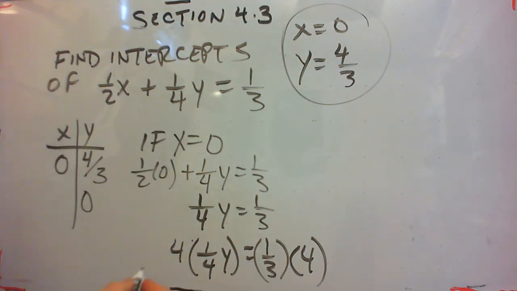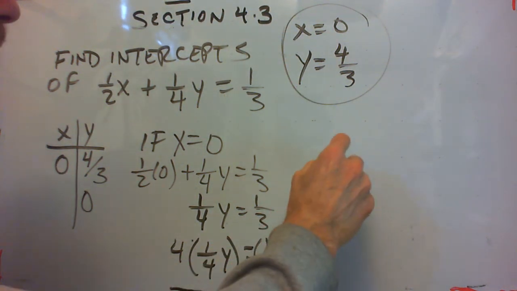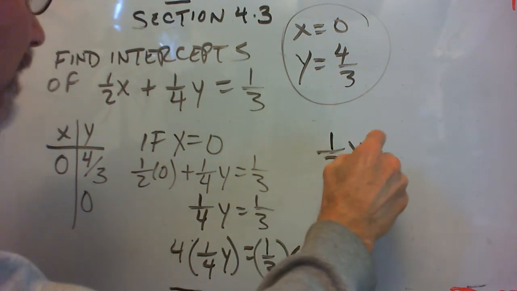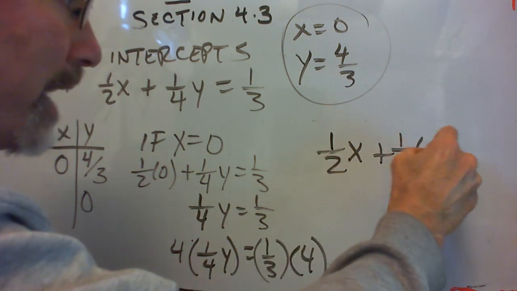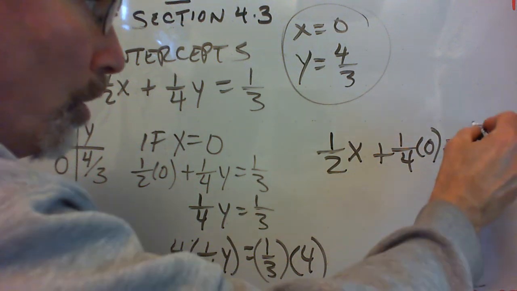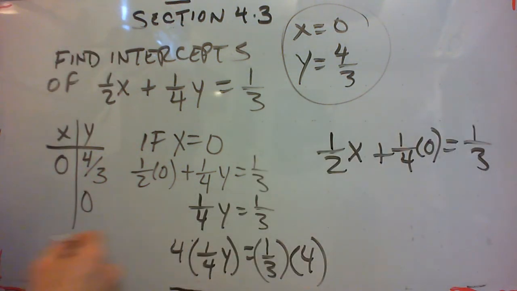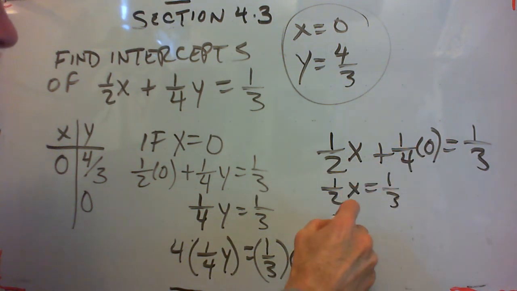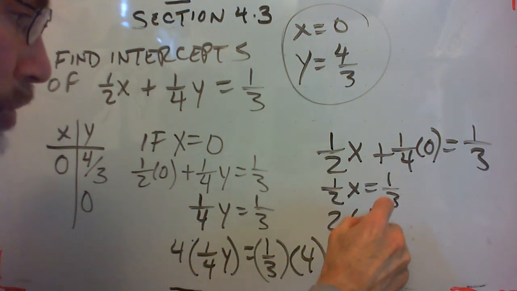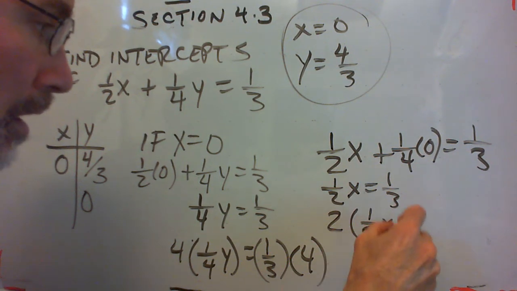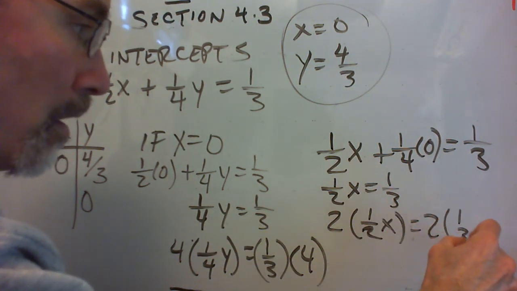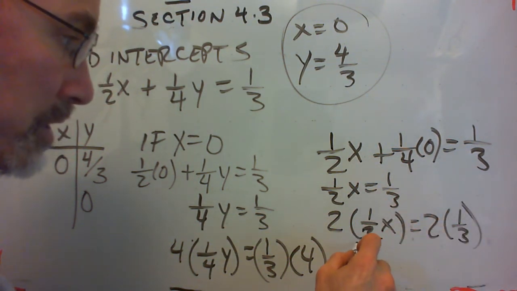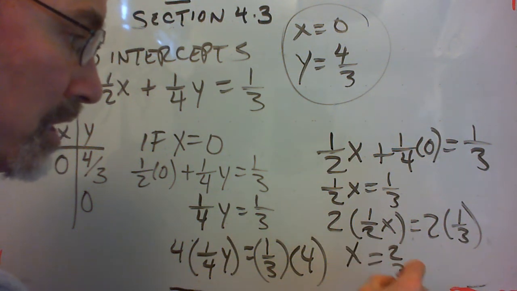Now for the other intercept, where y equals 0, the x-intercept, we have 1/2 x plus 1/4 times 0 equals 1/3. So that gives us 1/2 x equals 1/3. And this time we multiply both sides by 2. So we get x equals 2/3.